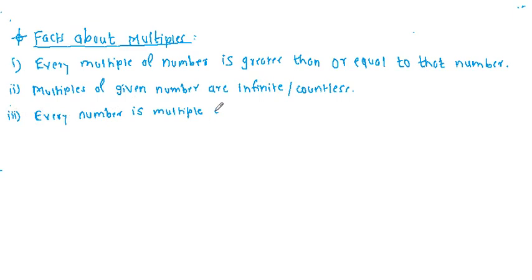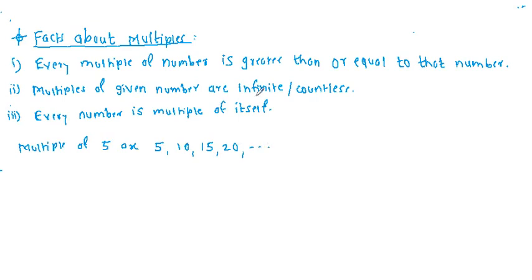Now the third point is every number is a multiple of itself. We also saw that multiples of 3 are 3, 6, 9, 12, etc. So the first multiple of every number is the number itself. For multiples of 5, 5, 10, 15, 20 are multiples of 5.